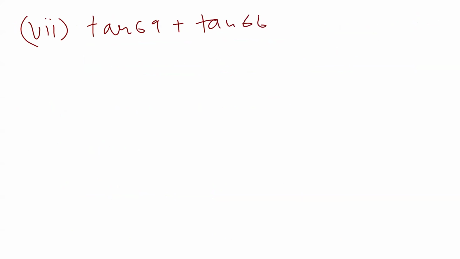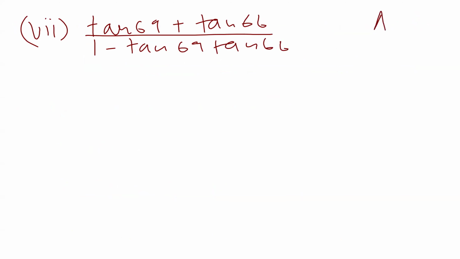Let's go to question number 7. Tan 69 plus tan 66 upon 1 minus tan 69 into tan 66. So A, let it be 69, B, let it be 66.